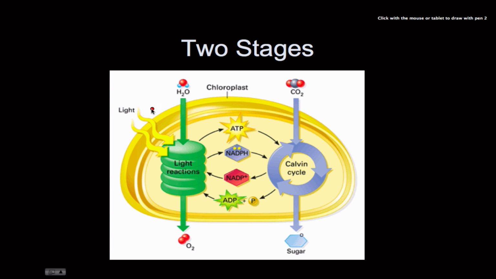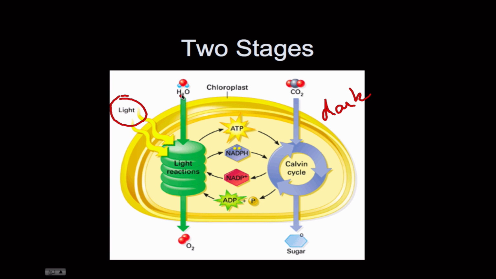And you might hear sometimes this is called light and dark reaction, but it's not because one of them occurs in the light and one of them occurs in the dark. It's really because this part of the reaction depends on light, and then there's another part of the reaction, what's sometimes called the dark reaction, that doesn't depend on light.